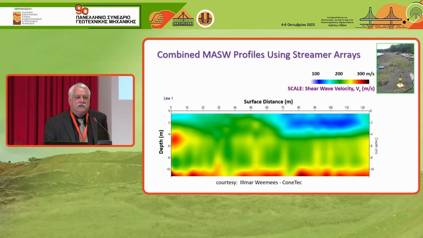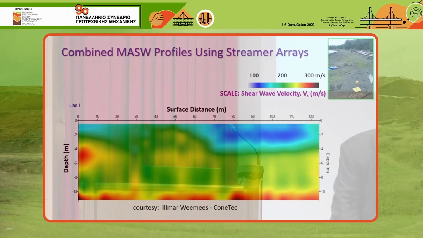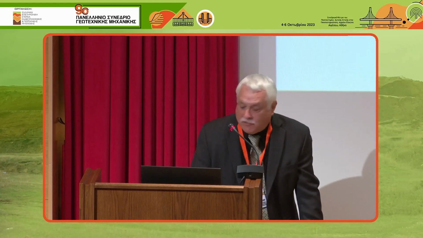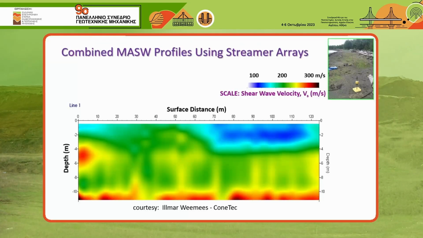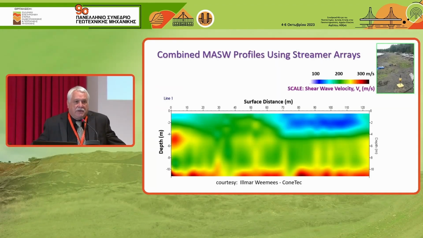You can also put the geophones on what's called a streamer, which is a plastic sled, and one event, pull it over a meter, another event, pull it over a meter, and it goes very fast. You can say go 100 meters long in just maybe a couple of hours and generate a whole bunch of 1D profiles.